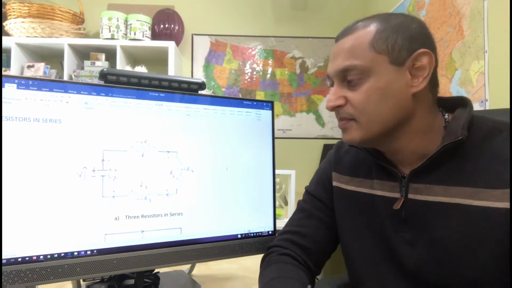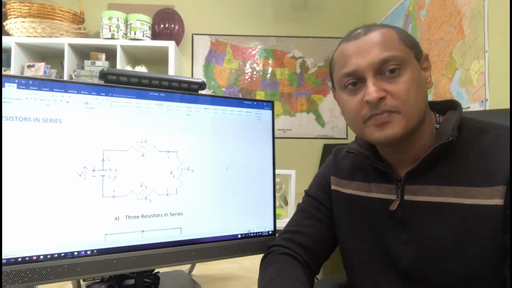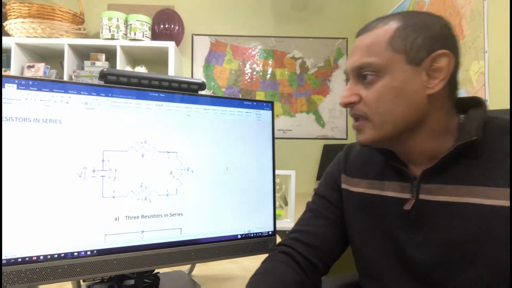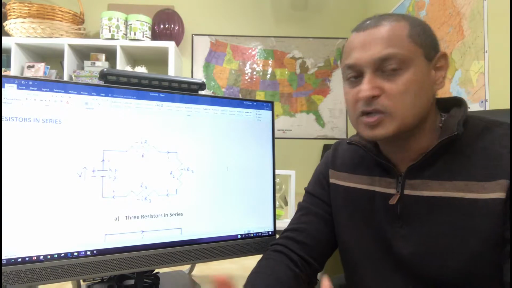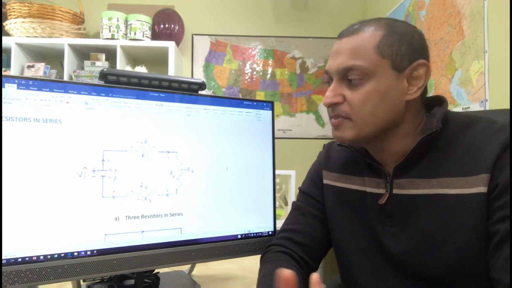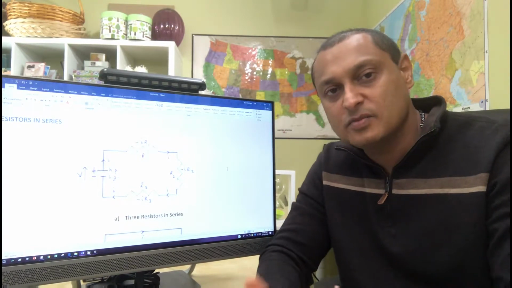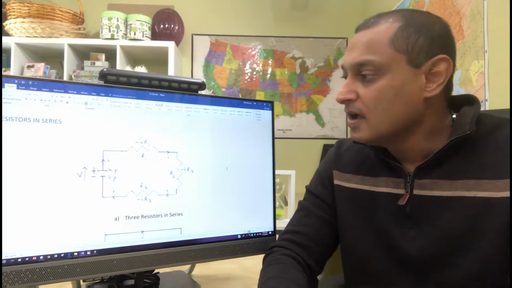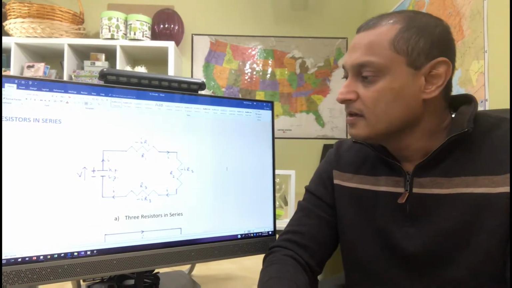Again, if you're a budding electrical engineer, this is of great importance to you and your career. And we look at what happens when there are multiple resistors in the same circuit. Resistors can be wired in series, where they go one after the other, so the same current must flow through, but the potential is different.